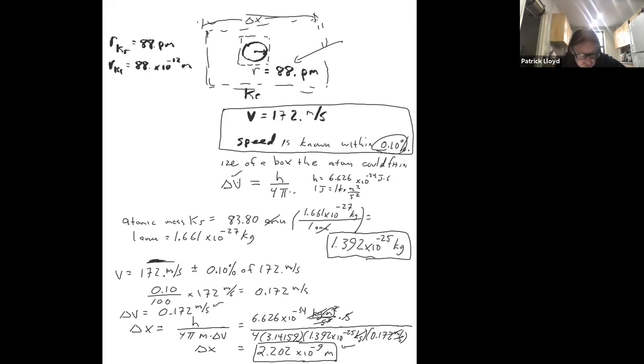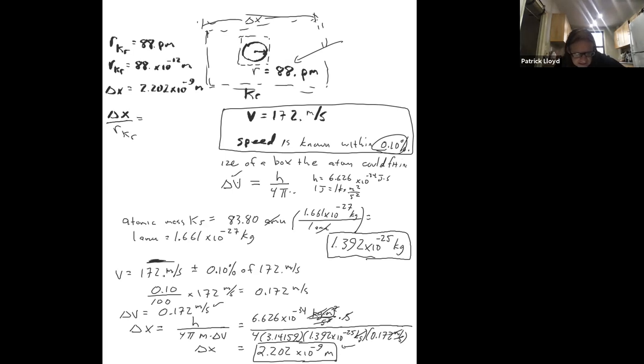That's in meters now. So now let's do the uncertainty in the position. It's 2.202 times 10 to the minus 9 meters, right? So they're both in meters. So now you can do a ratio. So the ratio is you take delta X over the radius of your krypton. I'll show you why it works out this way.